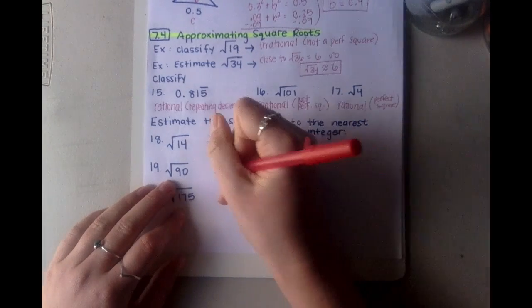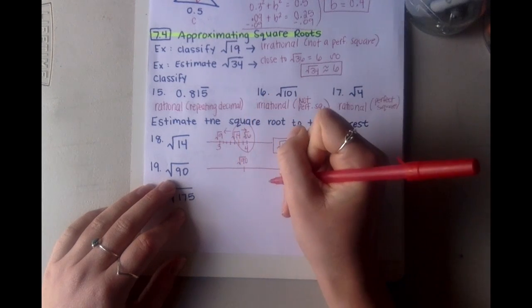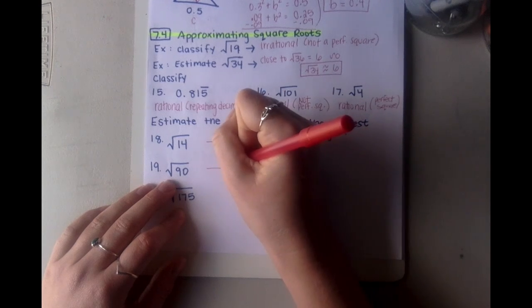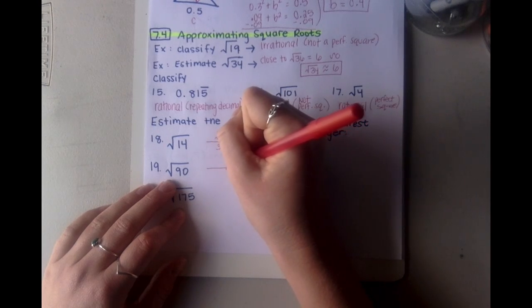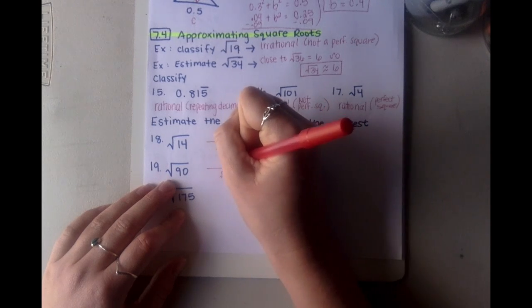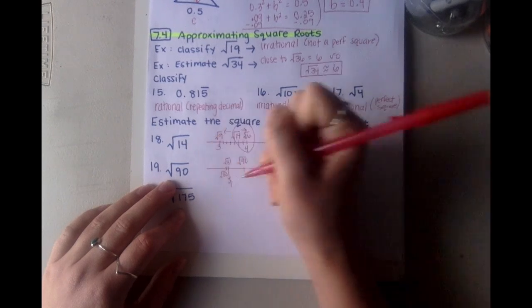Here, the square root of 90, same thing. If this was showing where the square root of 90 is, well, I know that the square root of 81 would be right here, which would equal 9.